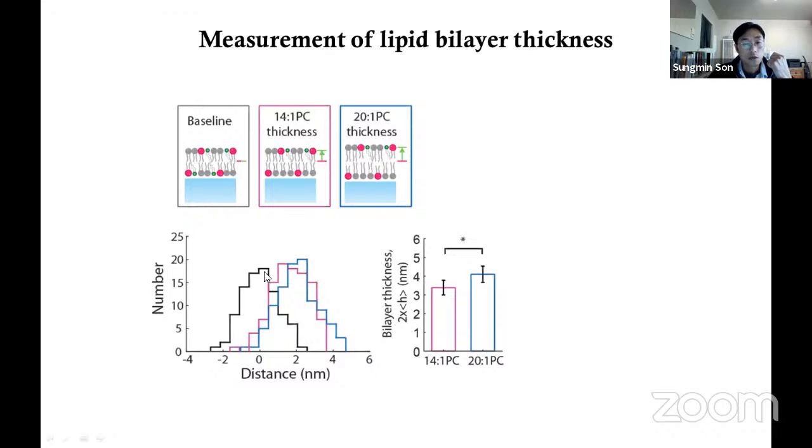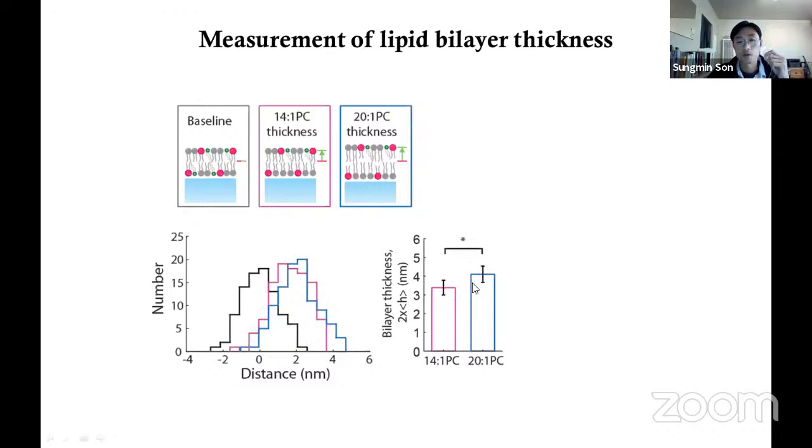Okay, so this is usually the distribution of our baseline after correcting for the chromatic aberrations. And you can see, compared to this baseline, the leaflet-marking green fluorophore's distribution is positively offset, to report the thickness of one leaflet. And quite satisfactorily, we are seeing some difference between two membranes composed of different acyl chain lengths.